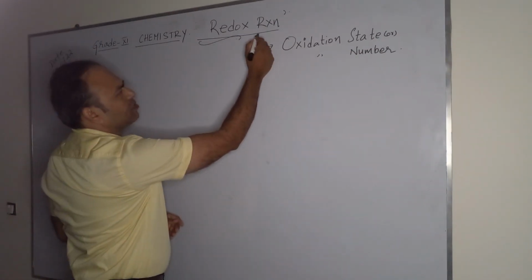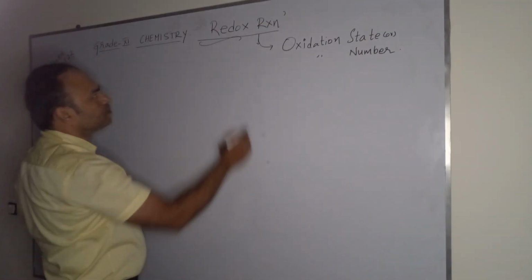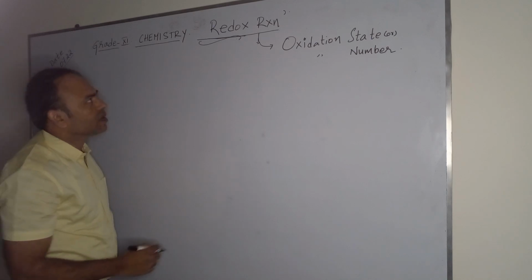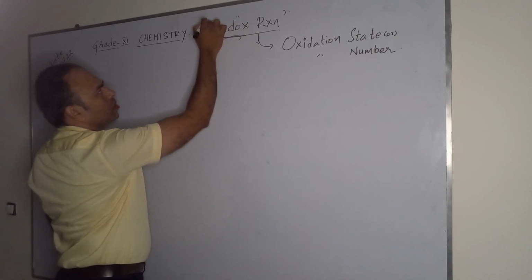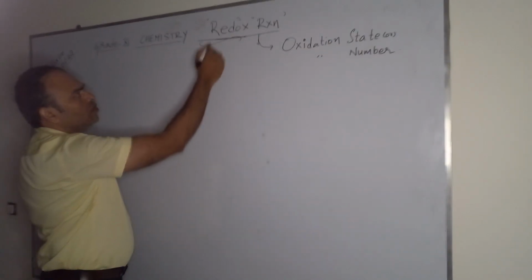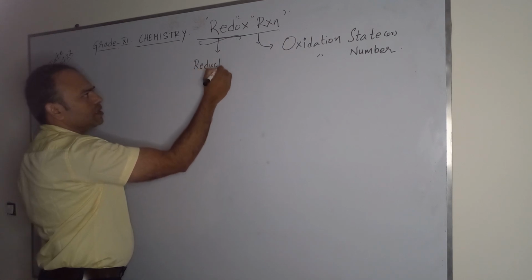We know how many types of reactions there are, but a special type of reaction which we need to focus on is redox reaction. In this, we can see two terms. What is the first term here? Reduction.